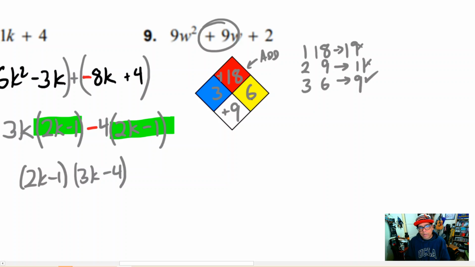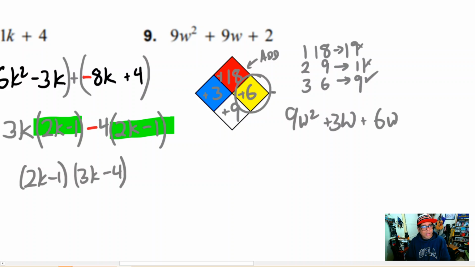So we're trying to go a little faster here. We got a 3 and a 6. So we're going to start off by writing 9w squared, and then we'll write plus 3w, and then plus 6w, and then plus 2.